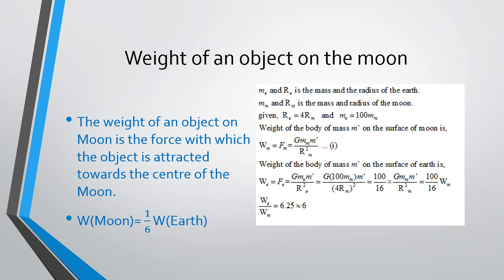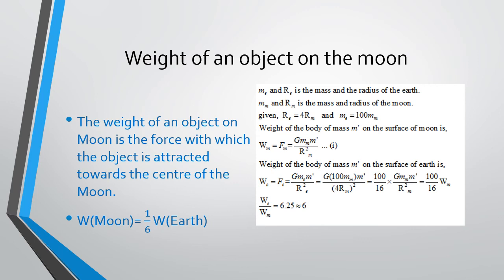Weight of the body of mass M dash on the surface of the moon is W m, which will be equal to F m, equal to capital G M dash divided by R m square. Therefore, weight of the body of mass M dash on the surface of the earth is W e, equal to F e, equal to G M dash divided by R e square.